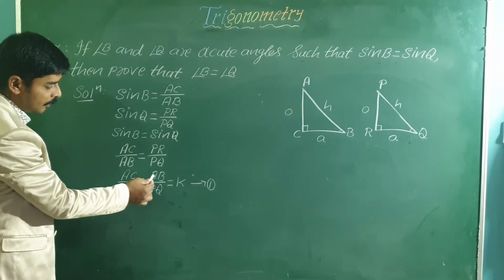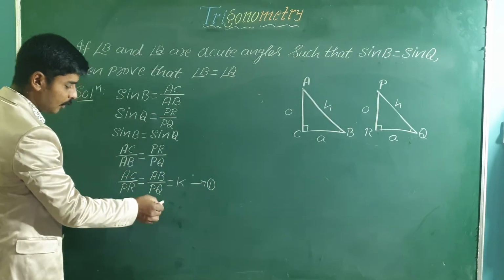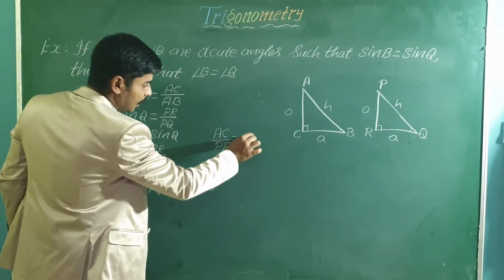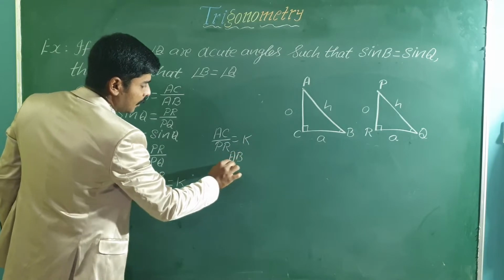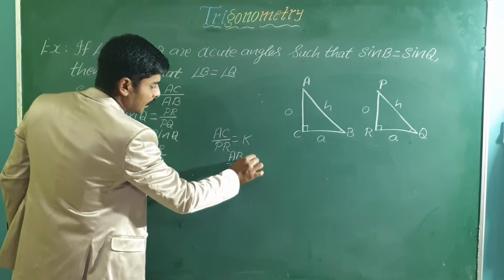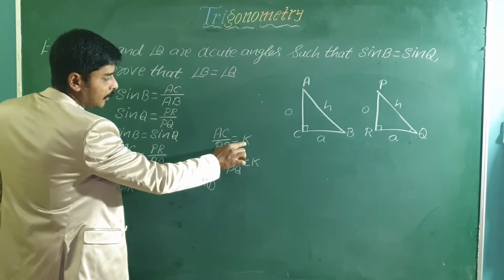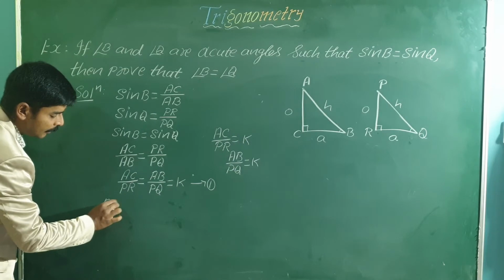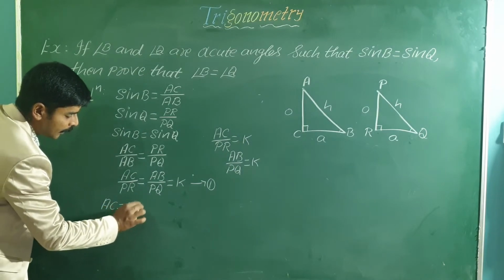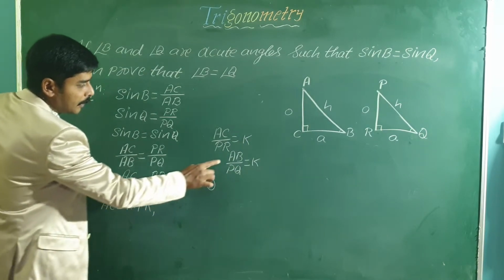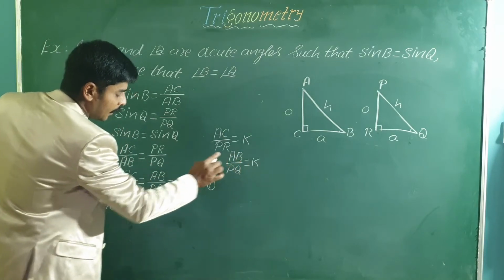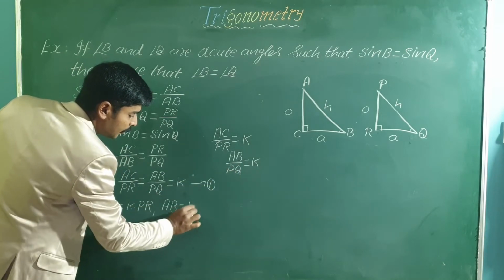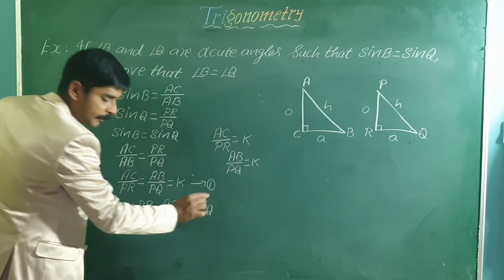If AC by PR is equal to K, can I write AC is equal to K into PR, right? If AB by PQ is equal to K, I can write AB is equal to K into PQ, right?